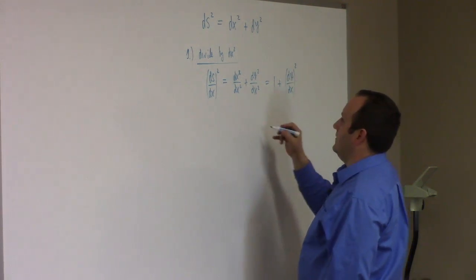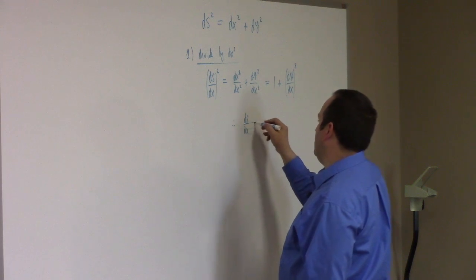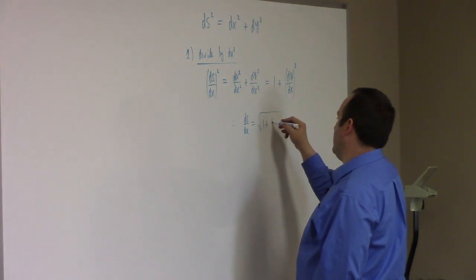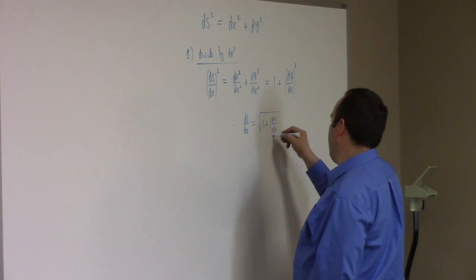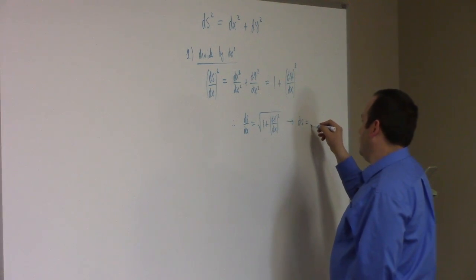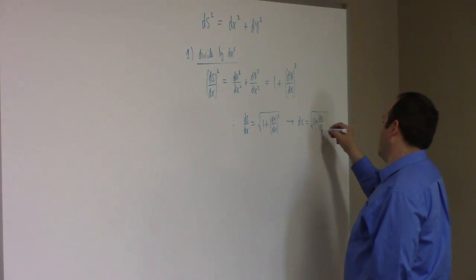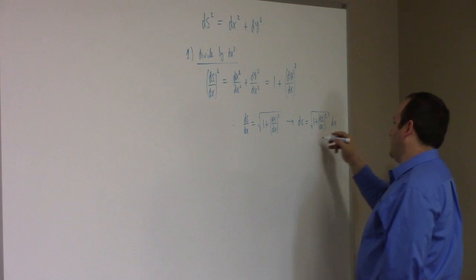So therefore, ds dx is the square root of 1 plus dy dx squared. And then you just multiply dx to the other side, and there you have it. There's the formula for the arc length of a graph.